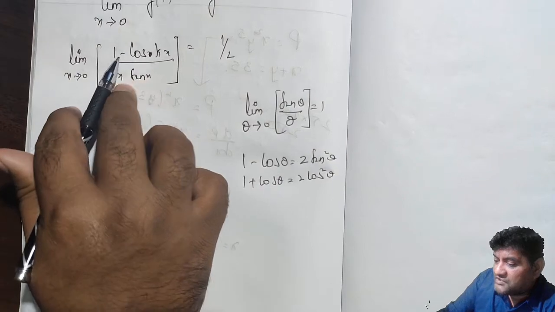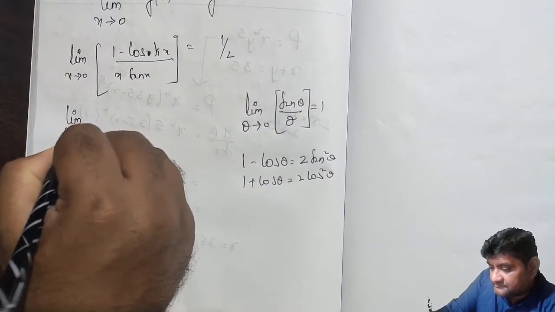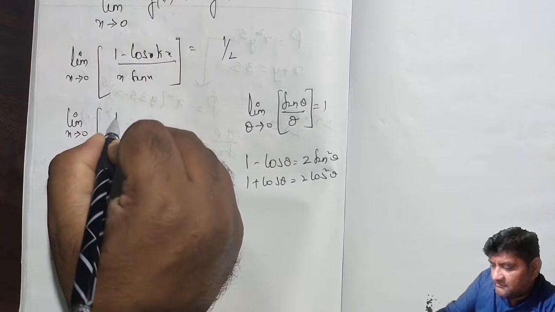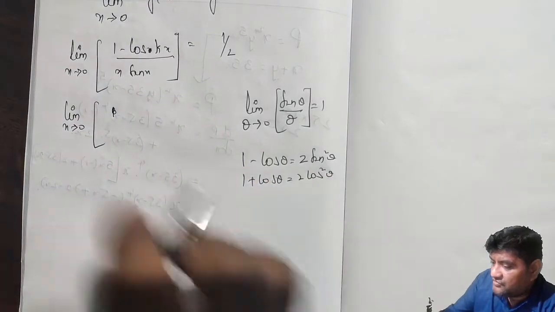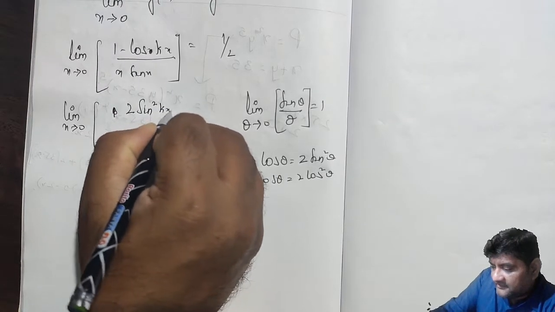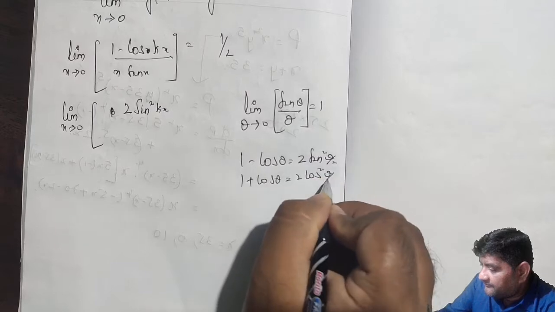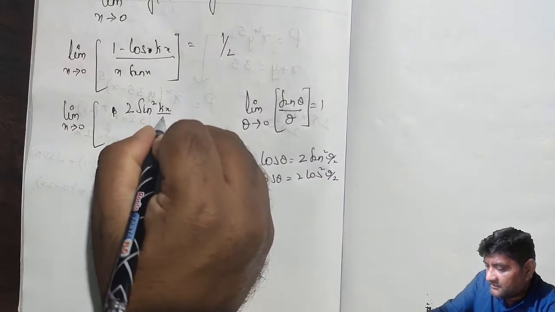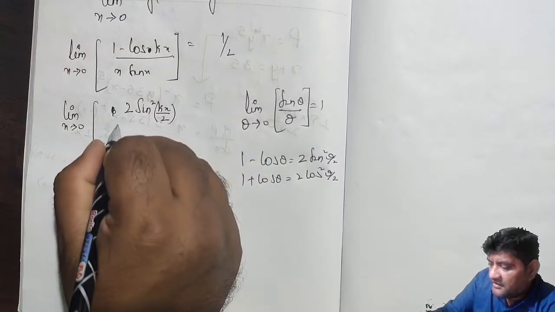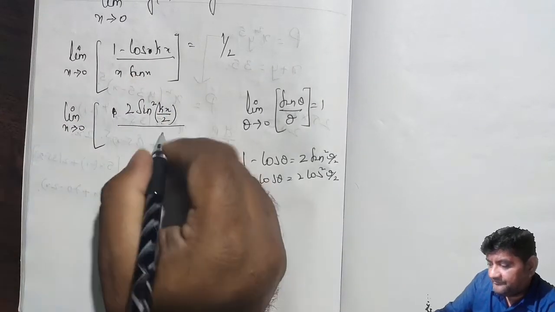So the numerator, which is 1 minus cos kx, can be written as 2 sine square kx by 2, divided by sine x.